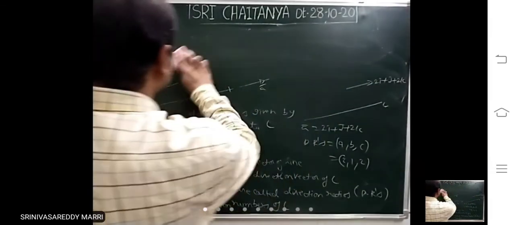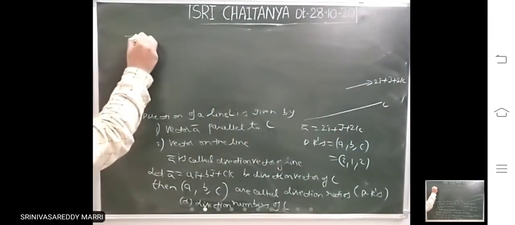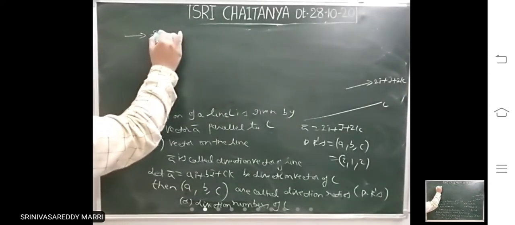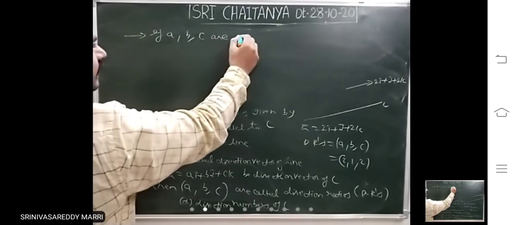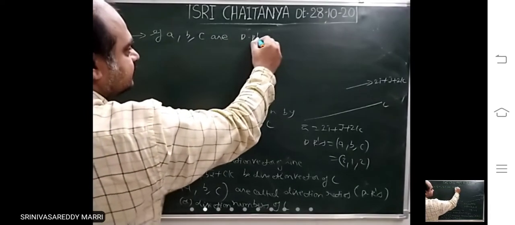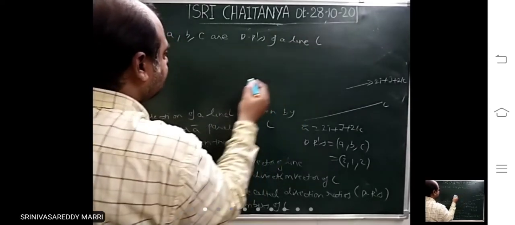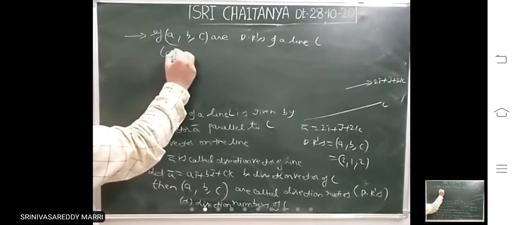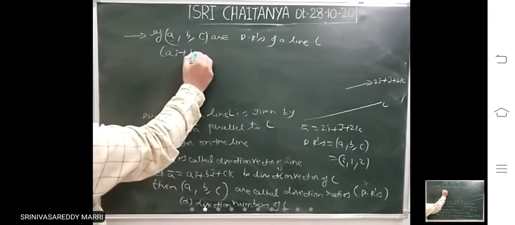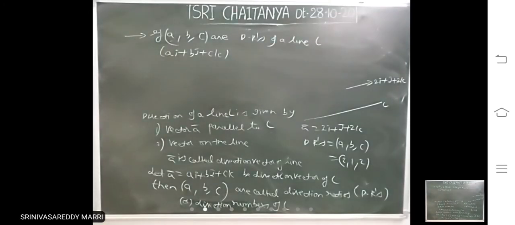Look at now. If A comma B comma C are DRs of a line L, then that means direction. If these are DRs, the direction vector is AI plus BJ plus CK.